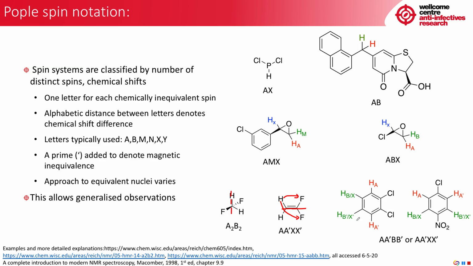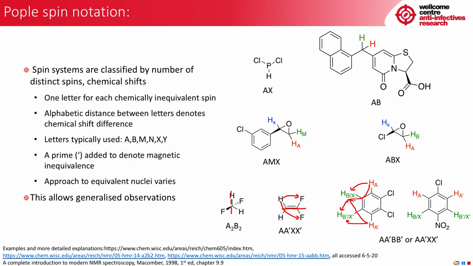And here we can see again our dichlorobenzene, 1,2-dichlorobenzene example. And for the same reasons we discussed earlier, A couples to these two differently to the way A prime does, magnetically inequivalent, depending on the size of the chemical shift.